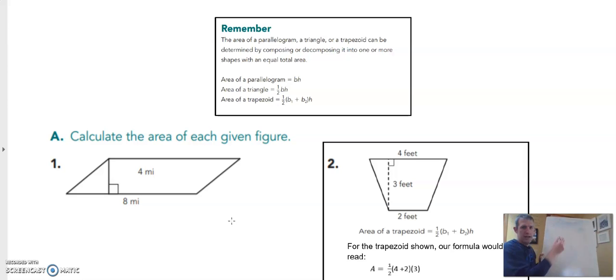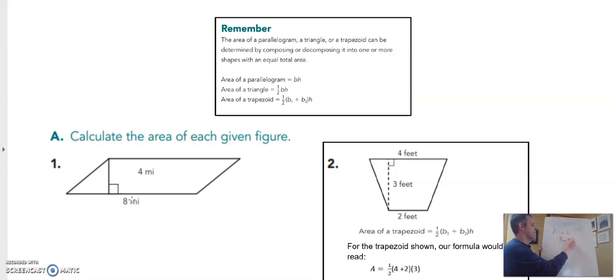So parallelograms, as it says right here, we just need to do the base times the height. So area of the parallelogram is base times the height. I'm going to take my base, which I find right here, because the base is the bottom of this shape. So it's 8 miles, which is, by the way, a very long parallelogram.